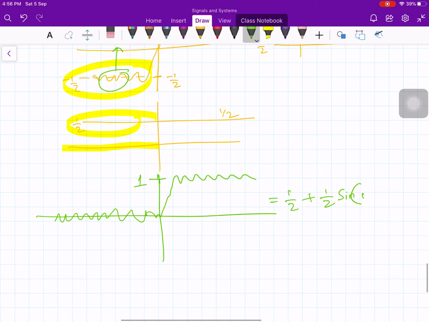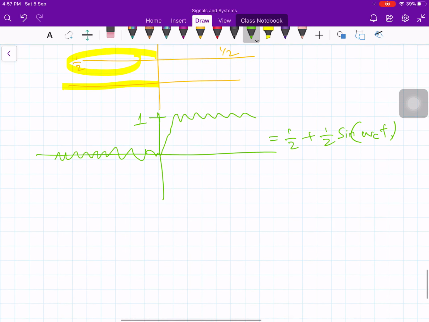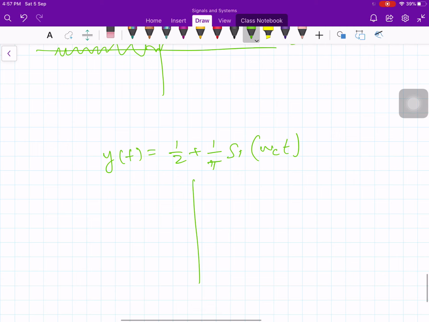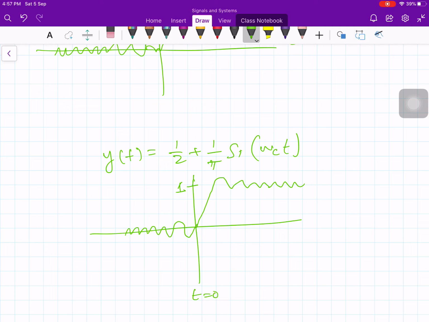That's it. This is how it looks. So finally your y of t is equal to 1 by 2 plus 1 over pi Si of omega c t, and it looks like this. It reaches and settles down with the value of 1, and here it oscillates like this. This is the t equals 0 line, and this is my t. This is y of t.